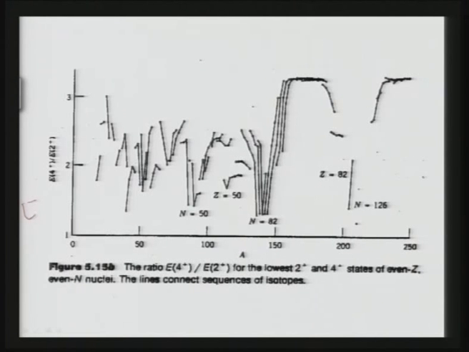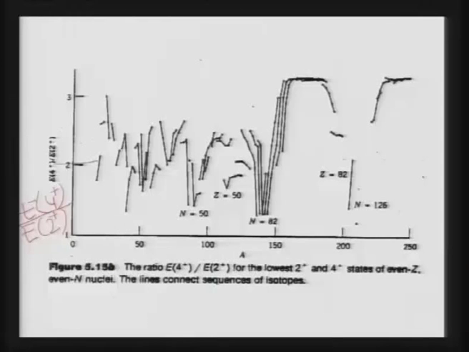This is the energy of the first 4 plus appearing from the bottom, divided by the energy of the first 2 plus level from the bottom. This E4 is the first 4 plus that you find above this 2 plus, and that ratio is plotted here. This ratio is dimensionless.